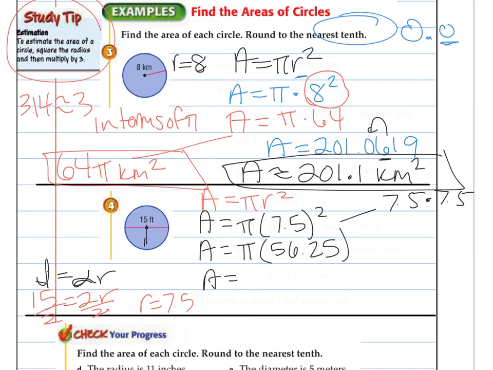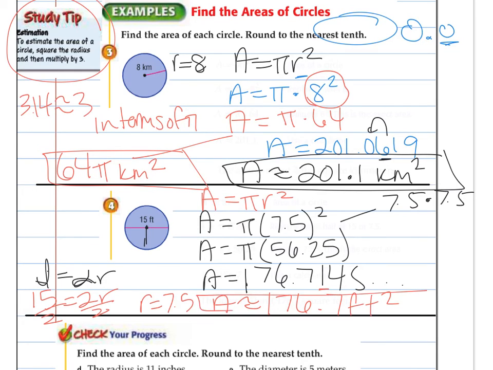Calculators are going to come in very handy, ladies and gentlemen. I made a mistake. 176.7145, and so on. And I would round that to the tenths, looking at my hundredths, less than 5. So my area is approximately 176.7 square feet.